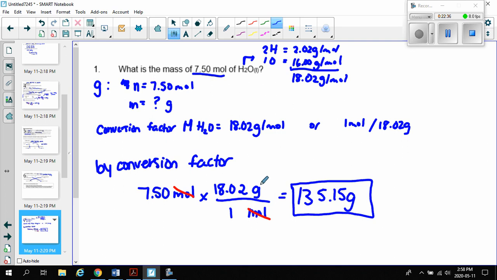So again, your units that are left over are grams, and it's asking us our mass. So the mass of 7.50 moles of water is 135.15 grams.